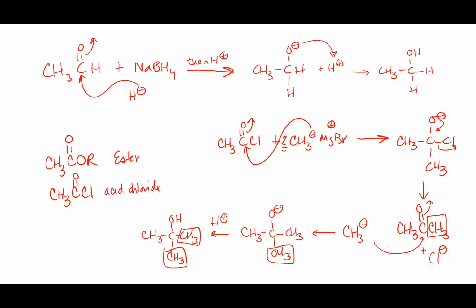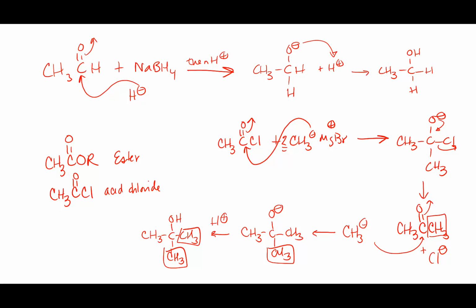Then in order to make tertiary butoxide out of that, we'll need to know those reactions, which I believe were last time? Or they're coming up? They might be coming up. Although I know how to make them. And you do too. So this is a way to synthesize tertiary butyl alcohol. It's actually a way to synthesize any alcohol you want where 2 of the groups are the same.